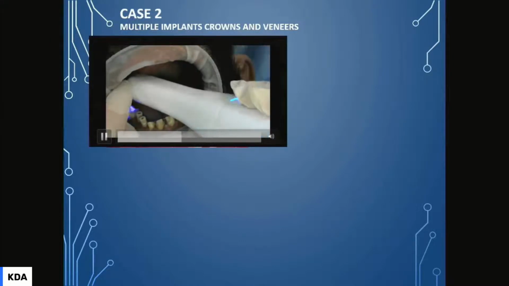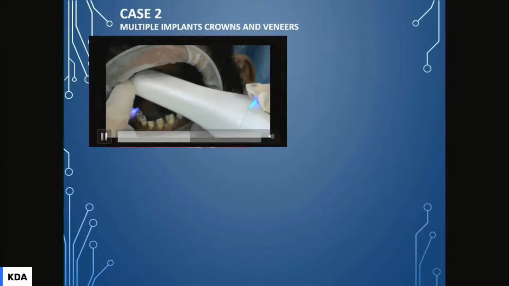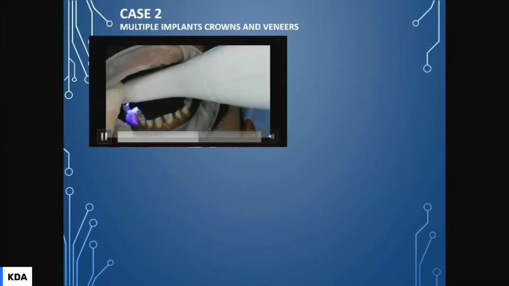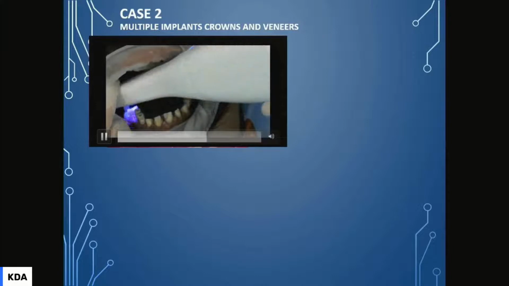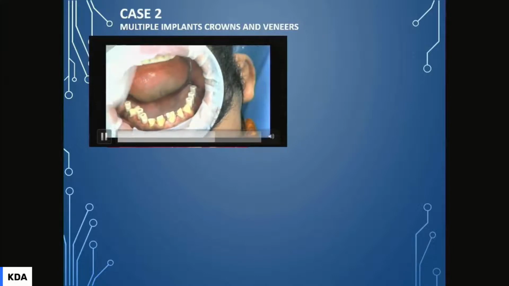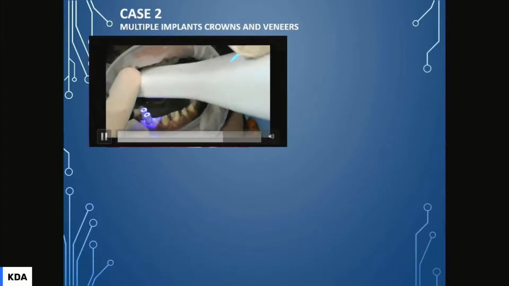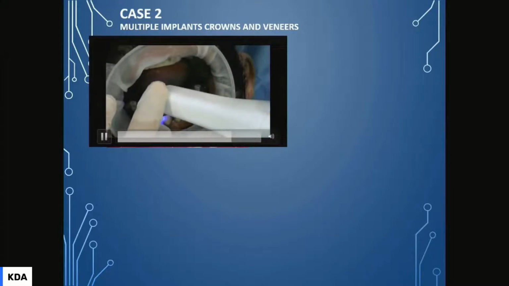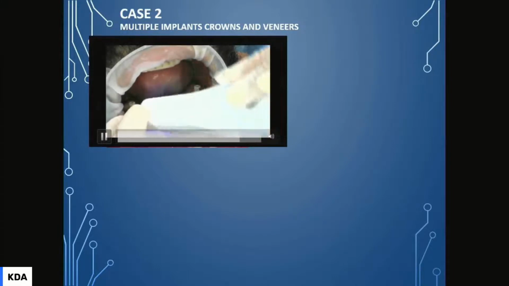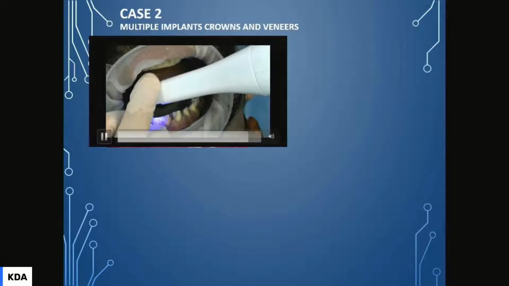As you can see here, I'm scanning the oral cavity, I'm scanning the scan bodies, I'm scanning the prepared teeth, and making sure that we dry the field. We don't want any moisture, we don't want any reflective entities on the teeth.